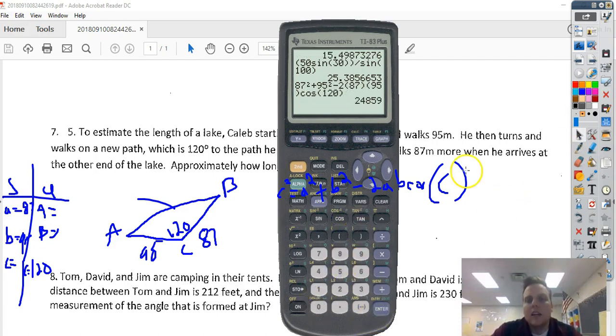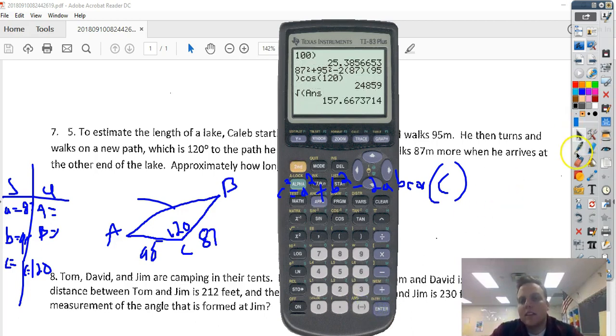Press enter, and we get that big number. But that's what c squared equals. So I need to square root that number, and I get 157.7. So the lake is approximately 157.7 meters. Sorry, my handwriting is terrible.